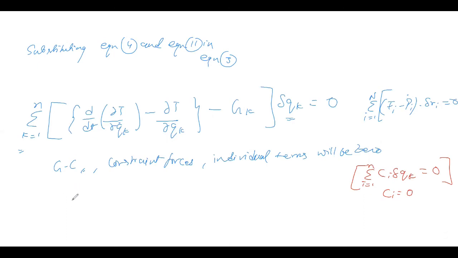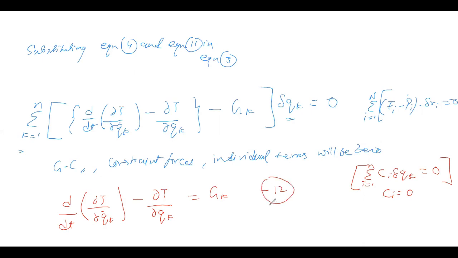So what does that give me? Now I have nothing to do with this summation part. So I can write d/dt of (delta T by delta qk dot) minus delta T by delta qk equal to Gk. This is the generalized force. Let's say this is equation 12.